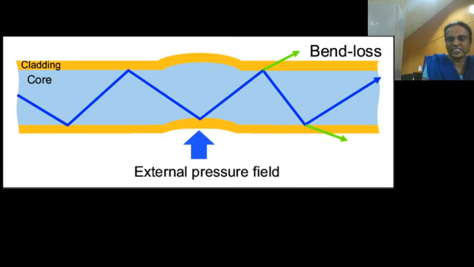When it gets scattered, it will not follow the principle of TIR, total internal reflection, that is the zigzag manner. There will be disturbances in the light. This is one type of example.